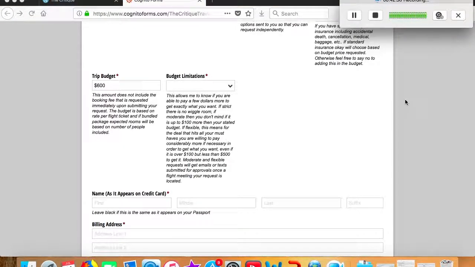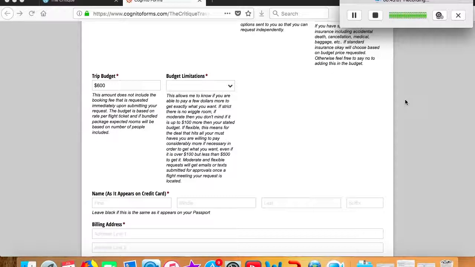Okay, so with the budget limitations, I want to give you some extra wiggle room. So if you put, I've got $100 that I can play with, meaning if I find something that's going to allow you to have everything, a great example is the ticket $600, plus $40 for your insurance, $640. The $100 extra says, okay, I'm willing to go this far up.